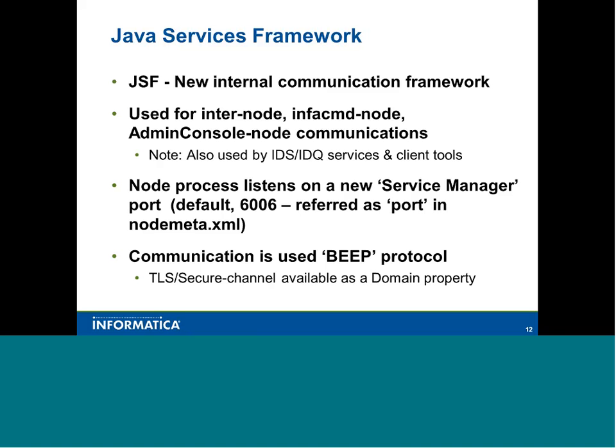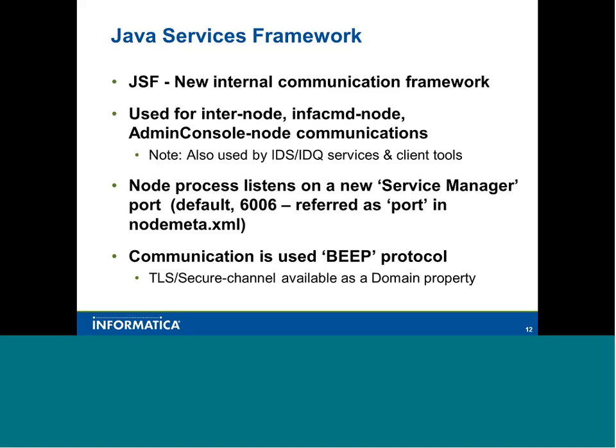So that's the framework we are using. And the node process usually listens on 6006, right? As I was explaining, you would see this as part of node meta.xml, where it says port next to the HTTP port.